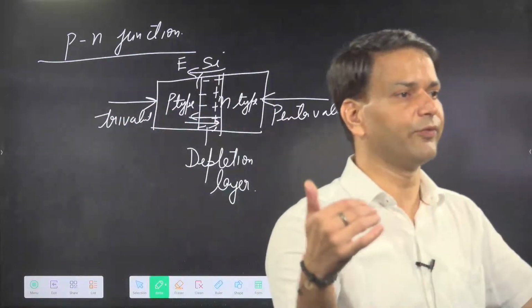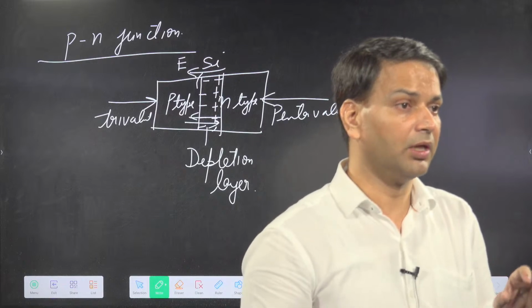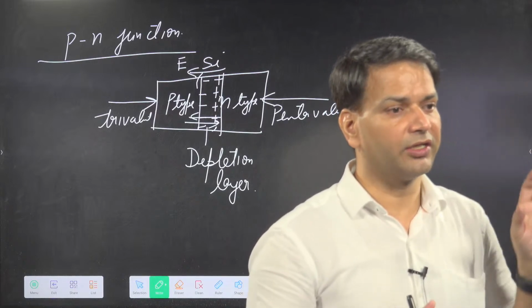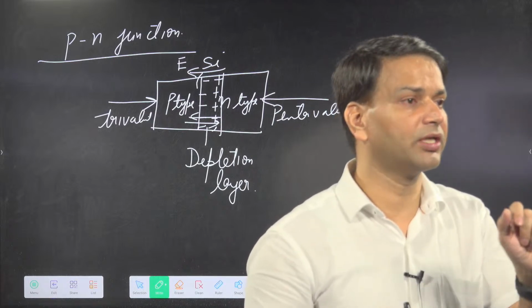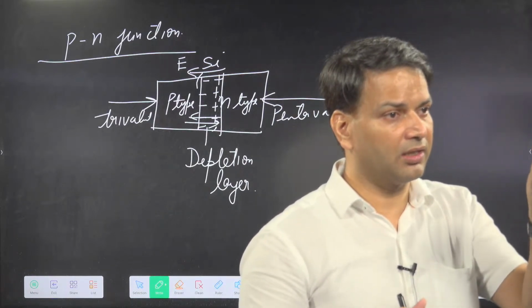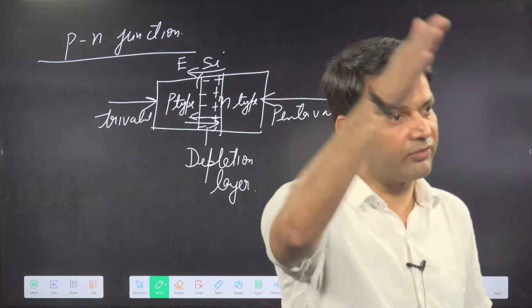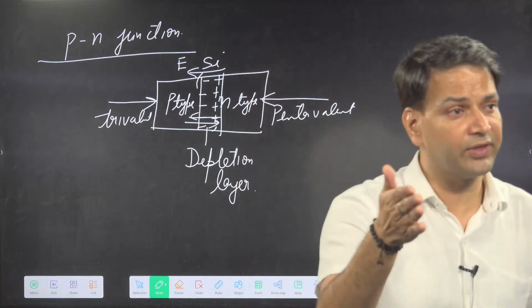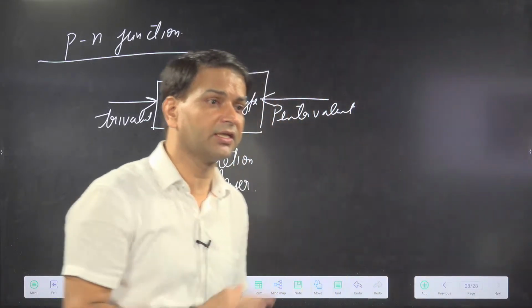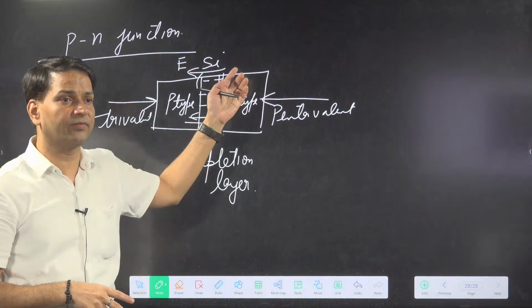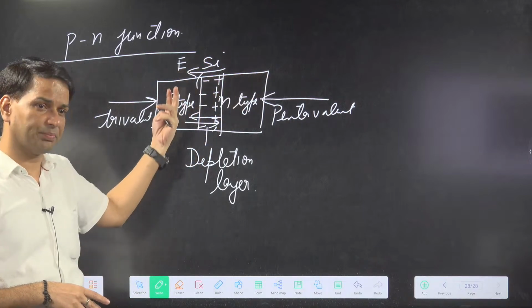I directly diffused the trivalent and pentavalent atoms. So without any external potential difference, which will be at higher potential, N or P? N will be at the higher potential because on the N side we get positive and on the P side we get negative. What is the direction of the electric field? From the N side to the P side.